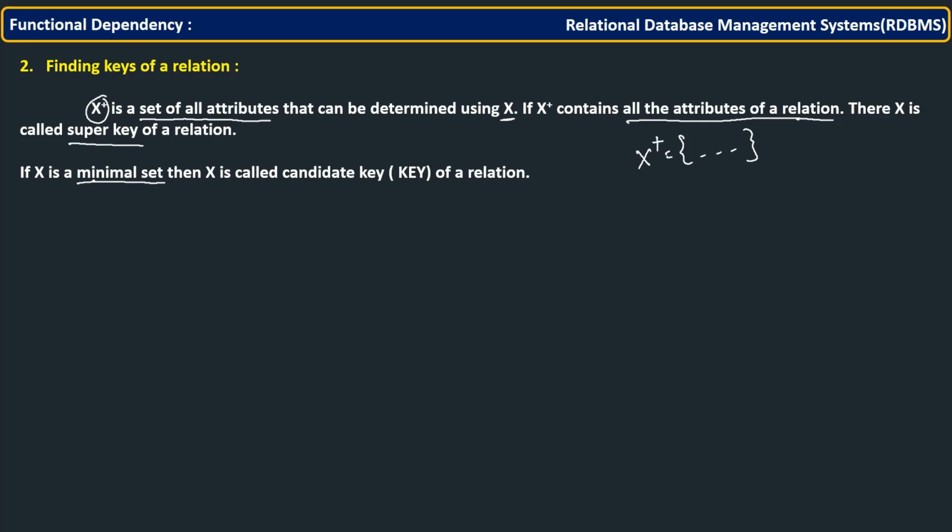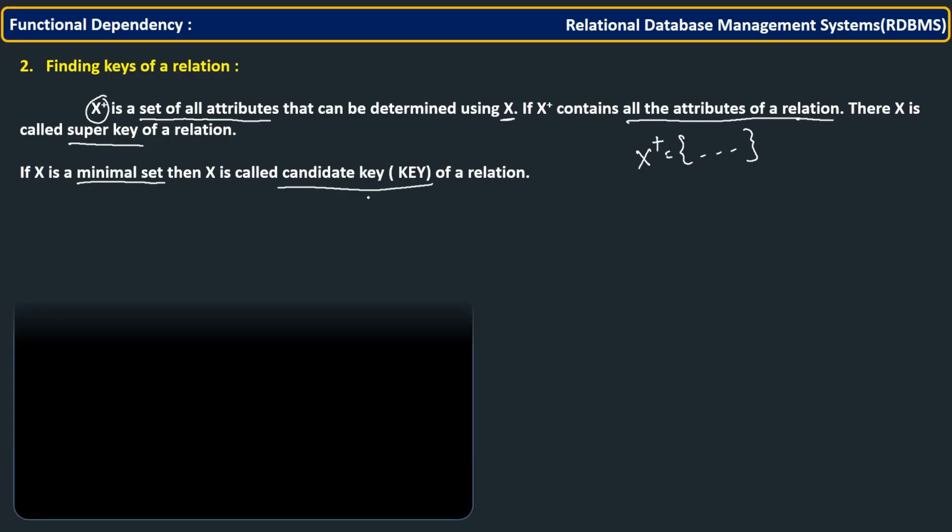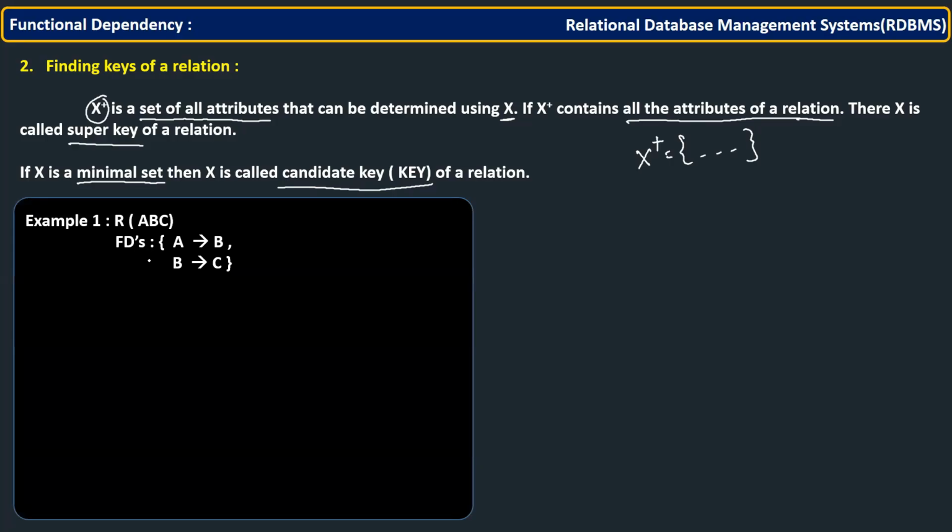Then such a minimal set X is called a candidate key. So we can find that very easily. This is what it means, and you will get more clarity on these two sentences once we do this example.